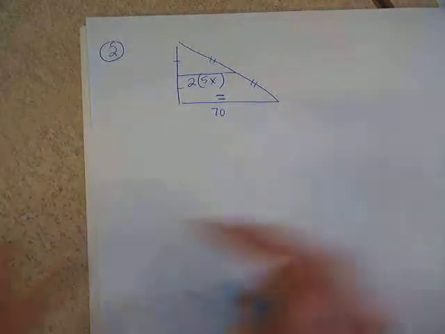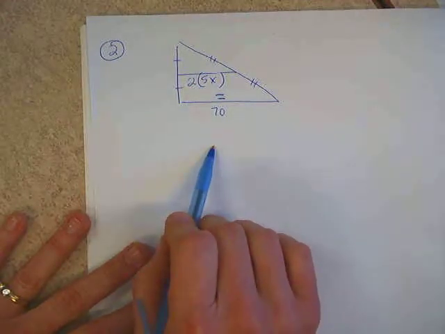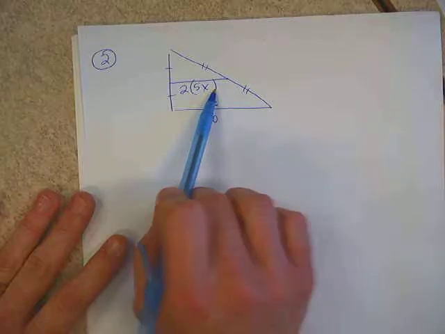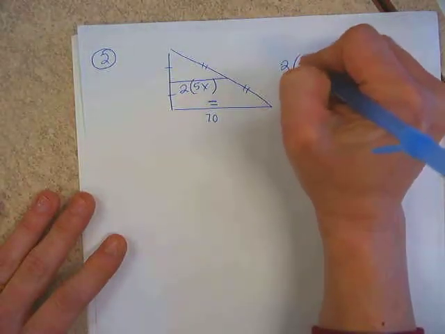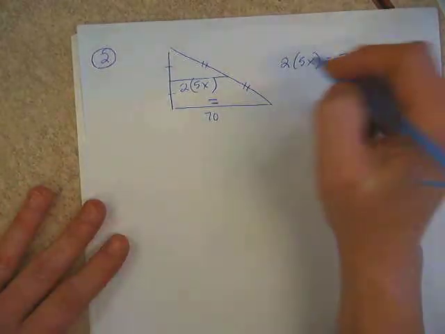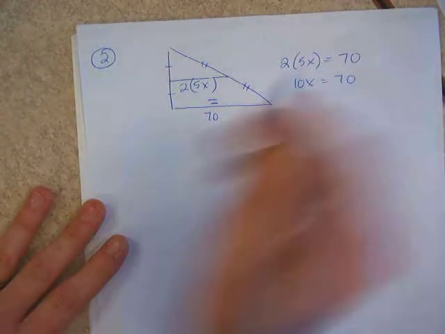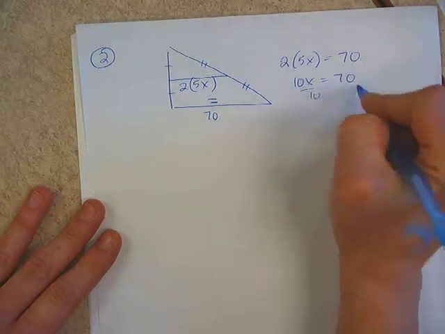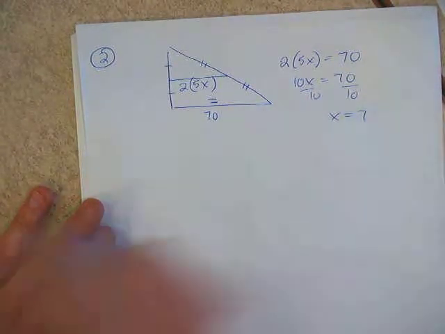Yes? Okay, so what I'm going to recommend is you always go to the mid-segment, and here's what you're going to do to set up your equation. To make them equal, we're going to double that mid-segment and then set it equal to the parallel side. If you get in the habit of doing that, it doesn't matter where the expression is.